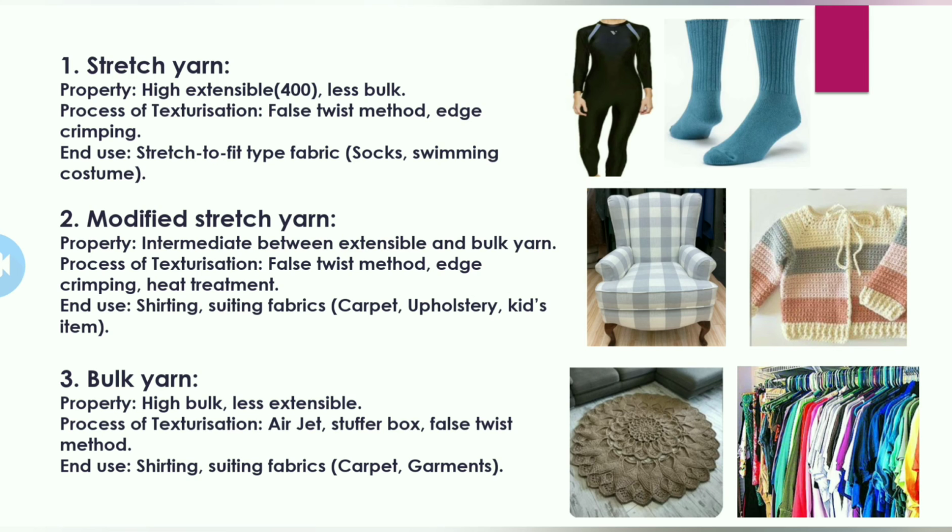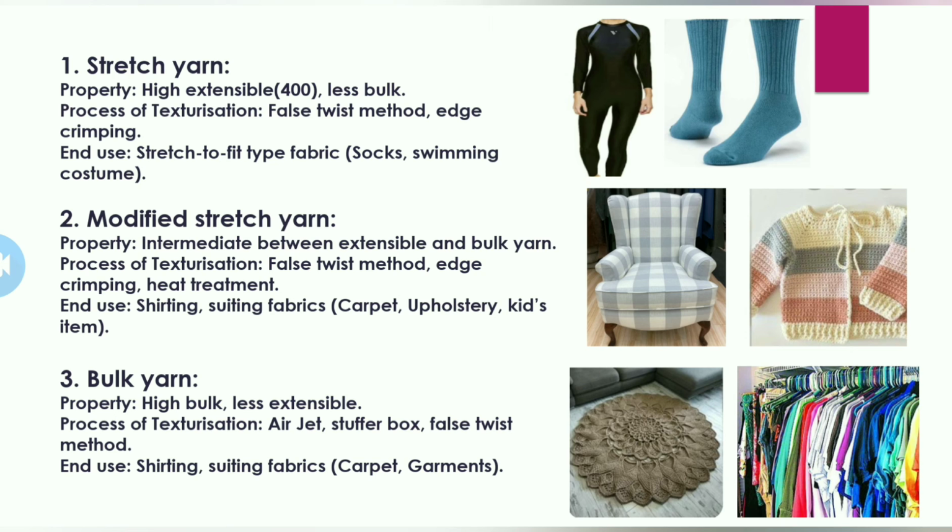In use: the yarns are used in shirting and suiting fabrics. We can see a beautiful sofa and beautiful kids clothes. These fabrics are made by modified stretch yarn. Moreover, carpets are made with this yarn.